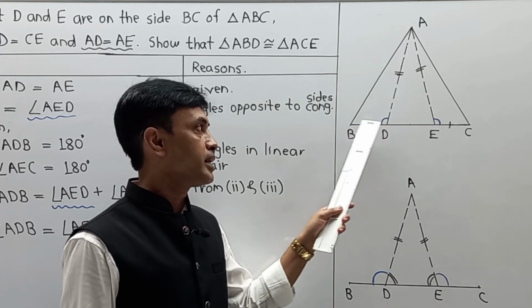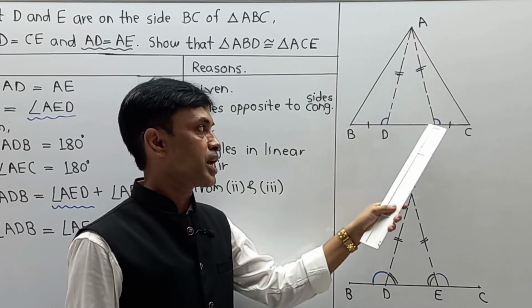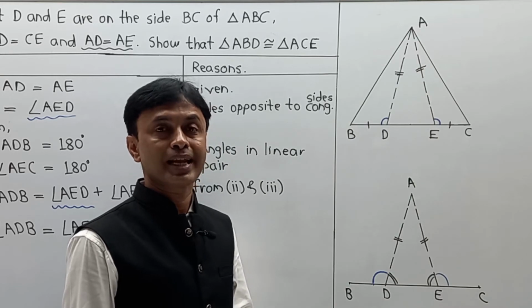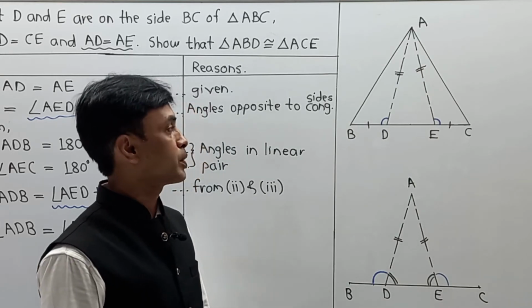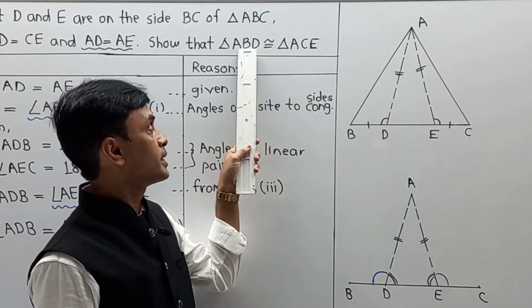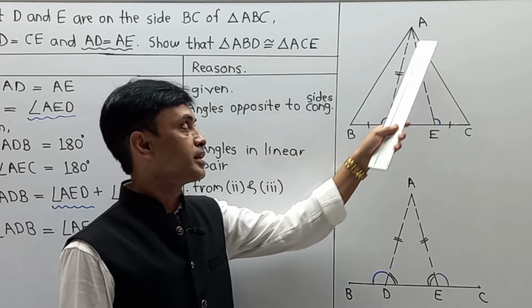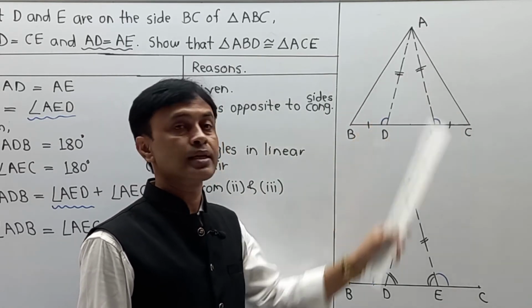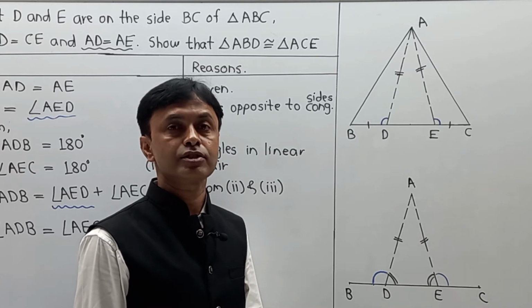If triangle ADB is congruent to AEC by the SAS test of congruency, naturally their respective sides and respective angles must be congruent. But the part related here is only that angle ADB is congruent to AEC. This we have to prove by the SAS test of congruency.